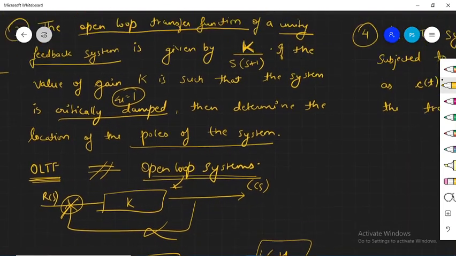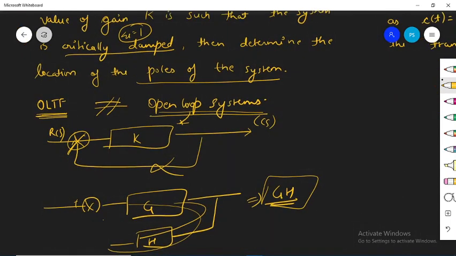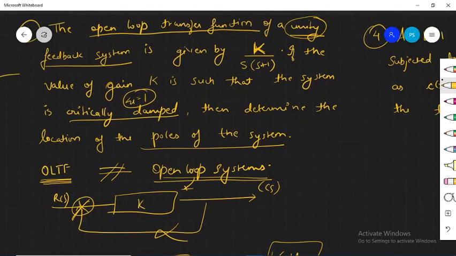Okay. Now the open loop transfer function of a unity feedback system. So they have given that the system's feedback is unity. So here the value of H that we took, this value of H is unity. Okay. So what have they given? In the question they have given the open loop transfer function as k divided by s into s plus 1.